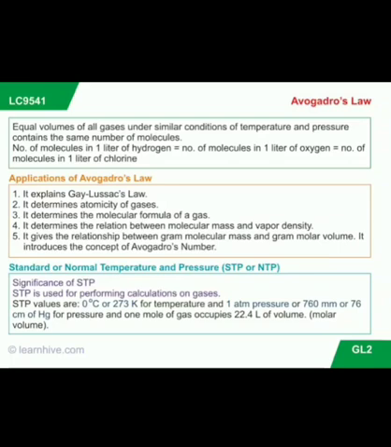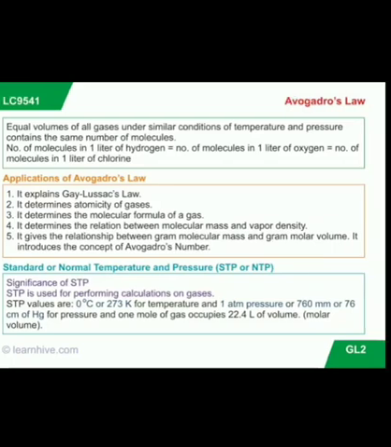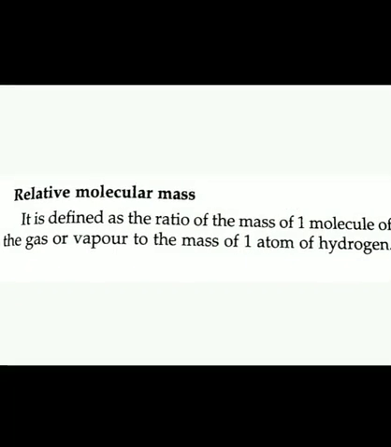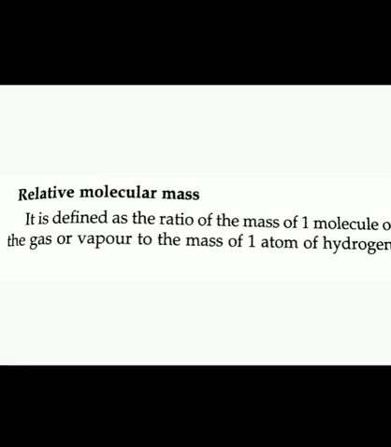First we discuss what molecular mass is, that means relative molecular mass. The relative molecular mass is defined as the ratio of the mass of one molecule of the gas or vapor to the mass of one atom of hydrogen.